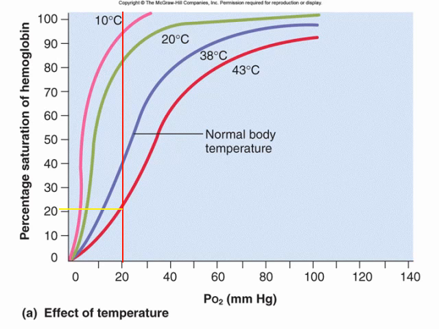Here's normal body temperature. This is at 98.6, 98.7. We see that at normal, at a partial pressure of 20, our saturation is at 40. Right, now watch what happens.